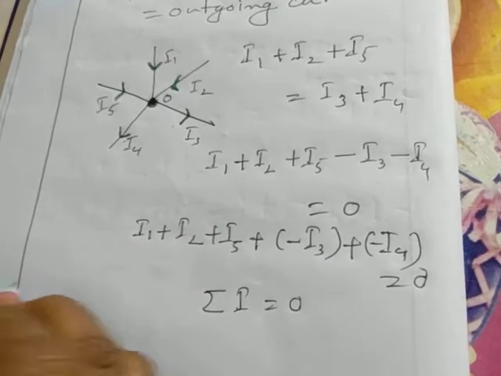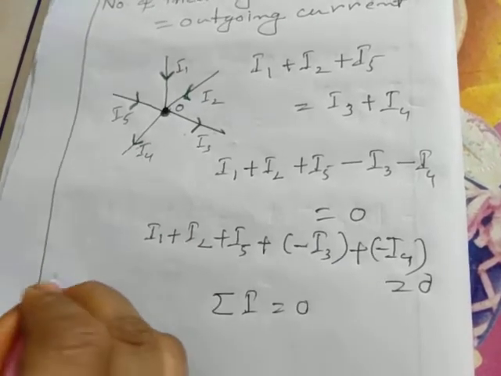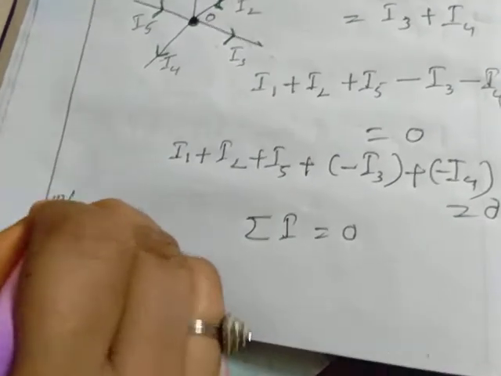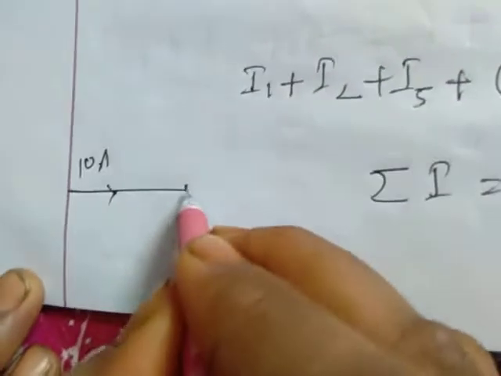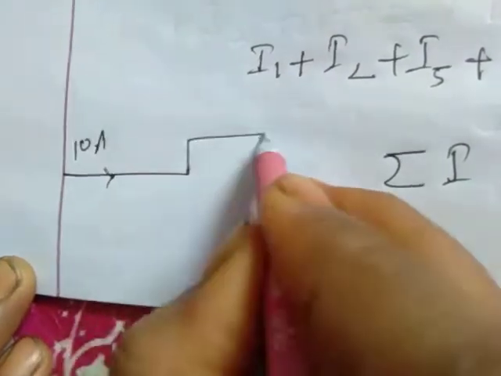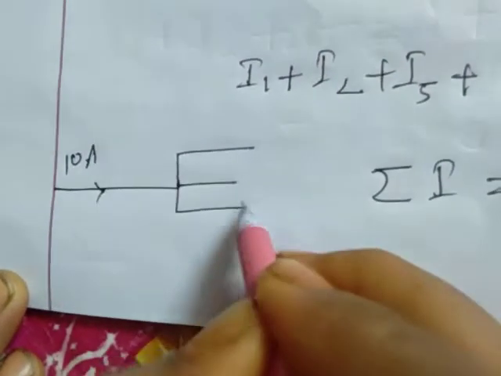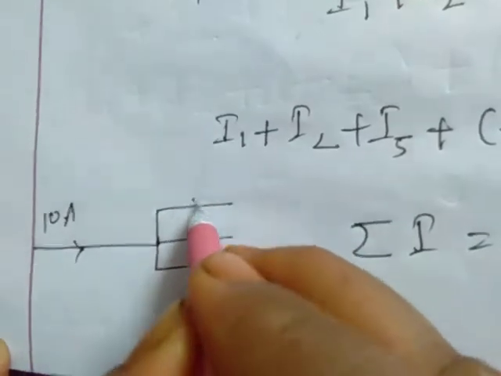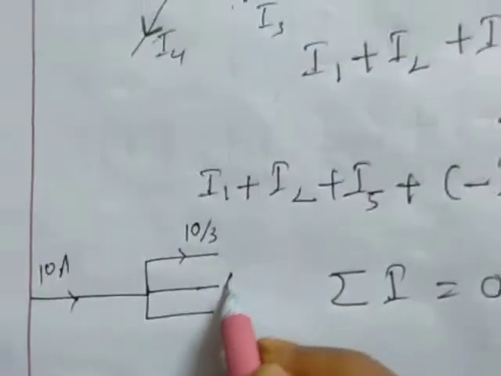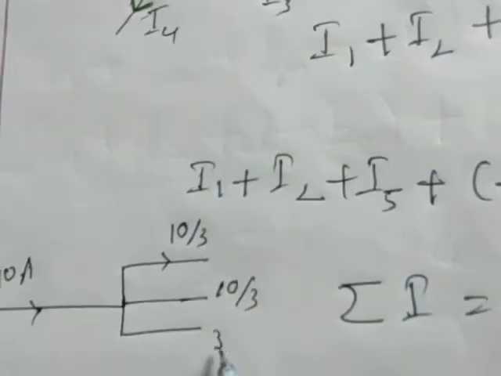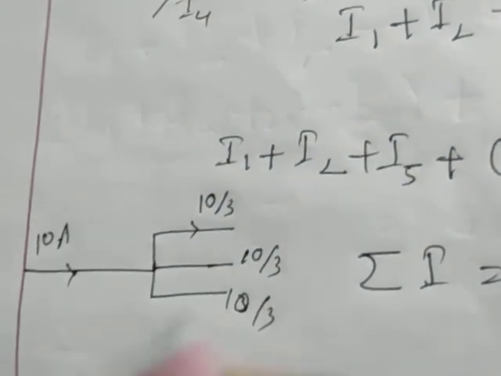Suppose 10 ampere current is passing through a wire or conductor, and at this point the current is divided into 3 equal parts. So through this wire 10 by 3 ampere, this wire 10 by 3 ampere, this wire 10 by 3 ampere.